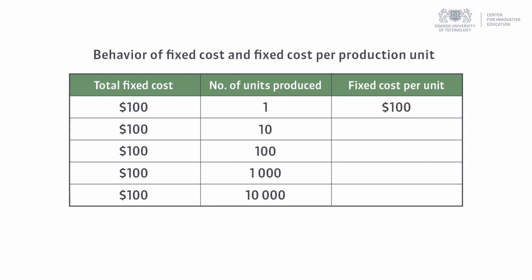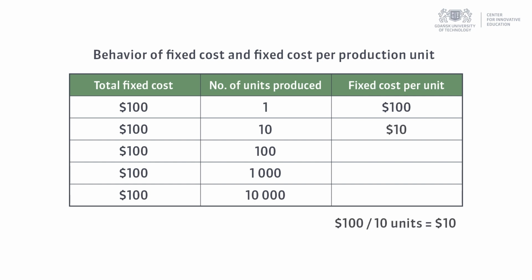Regardless of whether it produces 10, 100, 1000 or 10,000 units, the fixed cost is the same at $100. However, if we calculate the part of fixed cost per one unit, the situation will be as follows.